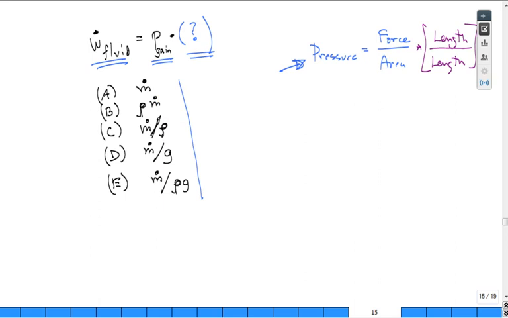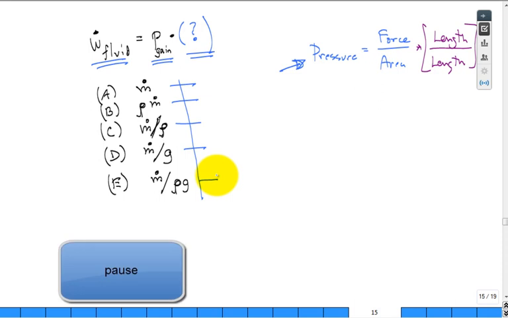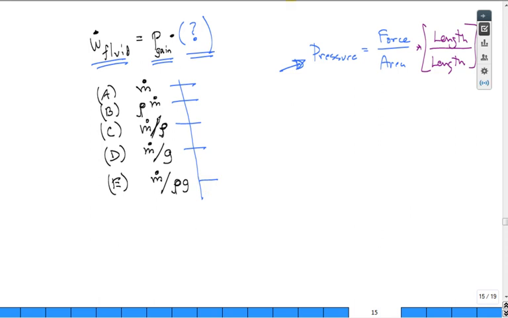I'll give you plenty of time. Work it out. What do I need to multiply by to get this equation to be correct? All right, let's stop this. All right, so let's continue on with this hint.